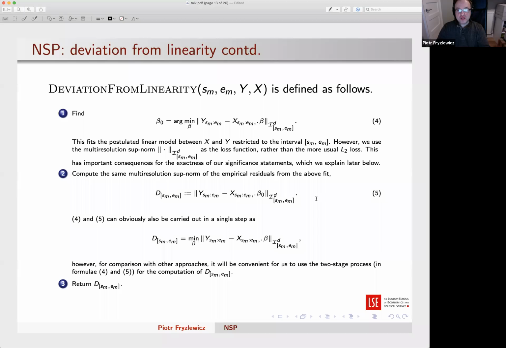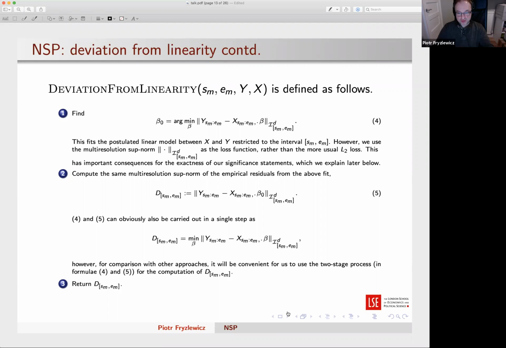It's defined as this multi-resolution subnorm of my residuals from the fit. So beta 0 is from formula 4. I found beta 0 by minimizing with respect to the same norm. So in formula 5, we have the residuals from the fit measured with respect to the same norm as I used to fit the model in formula 4. And this is my deviation from linearity. So my deviation from the linearity, in brief, is the norm of the empirical residuals from the fit of my linear model, where the fit was done using the same loss.